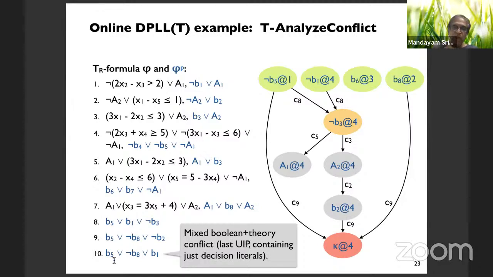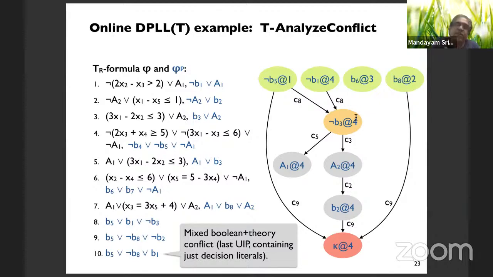As I told you, you're adding this. What I was saying was that if you want to prevent B3 itself directly, then you can go all the way back to this UIP, and then you can add the UIP with the decision that created the theory propagated literal.